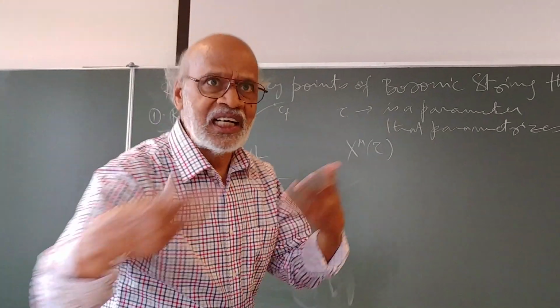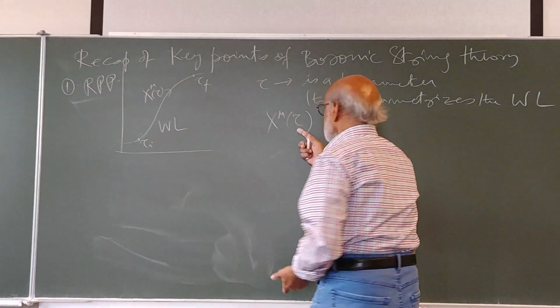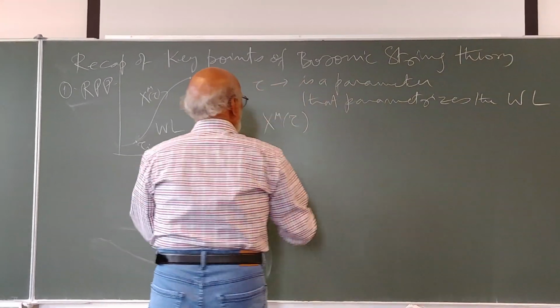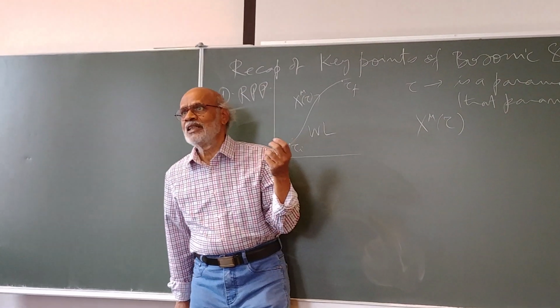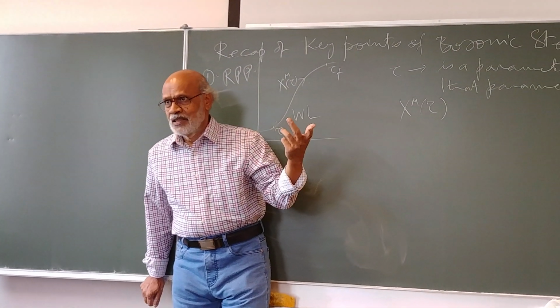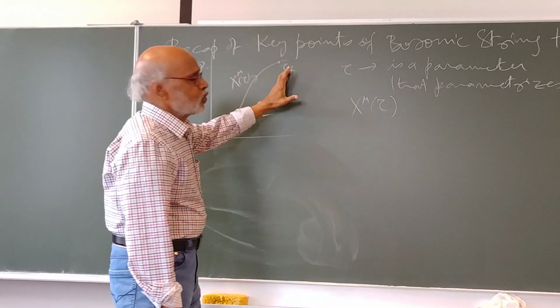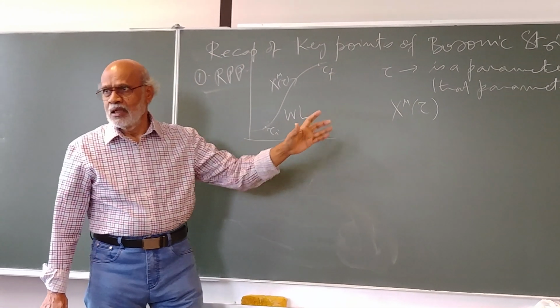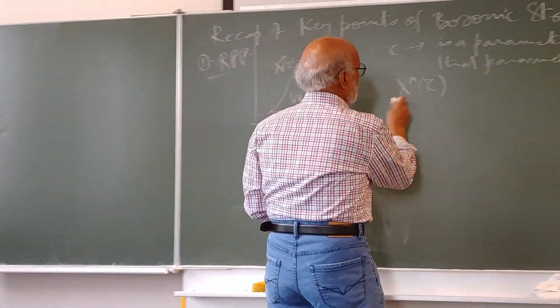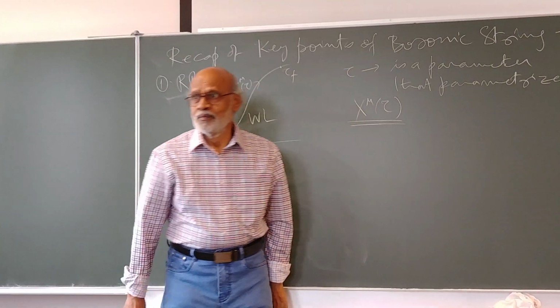So x mu are the coordinates that help us understand the motion of the relativistic point particle, and we parameterize things in this manner.